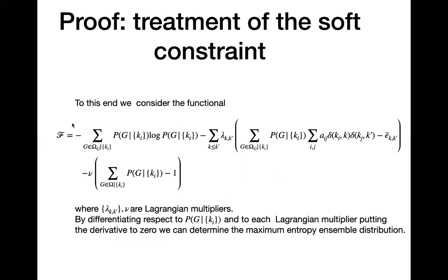In order to find the expression for the probability of the graph, we proceed as we have done previously, but now we work practically exclusively on graphs with a given degree sequence, and we only impose a soft constraint on the expected number of links between nodes of different degree classes.